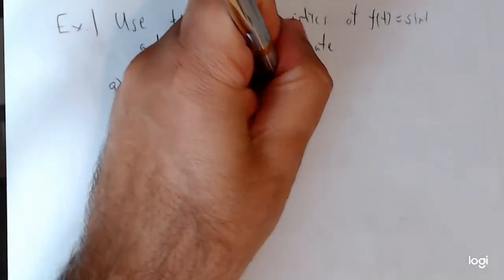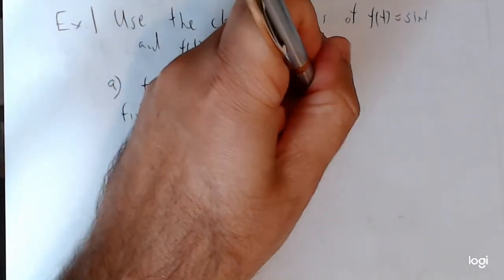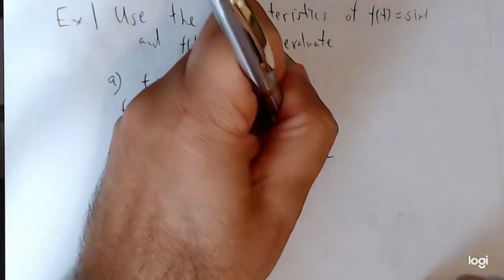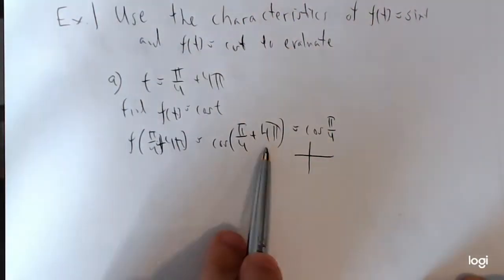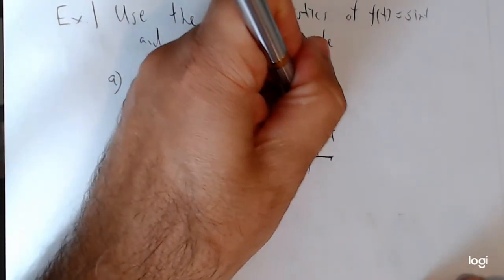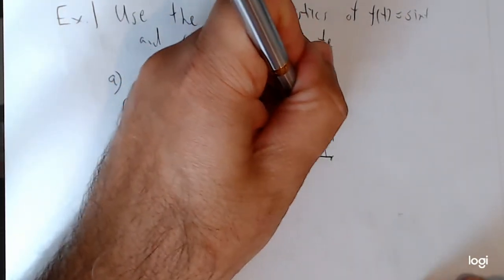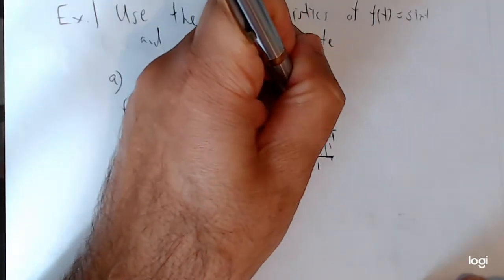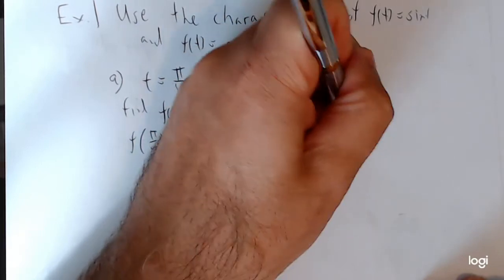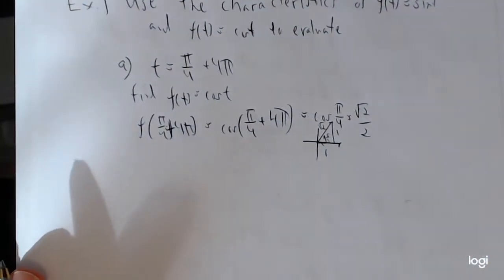So that means this is the same thing as cosine of pi over 4. And I could easily find that, right? Not that these two are any different, because this one just puts you in circles more. But cosine of pi over 4 puts us there. That's a 45-degree reference angle, so it'll be 1, 1, radical 2. So it ends up being 1 over radical 2, or radical 2 over 2.